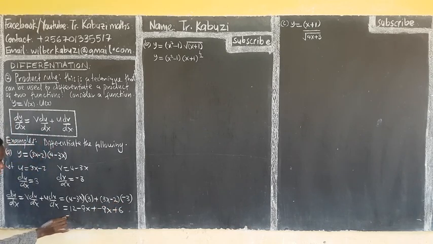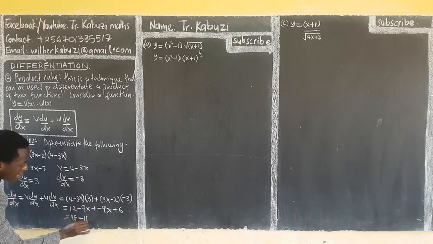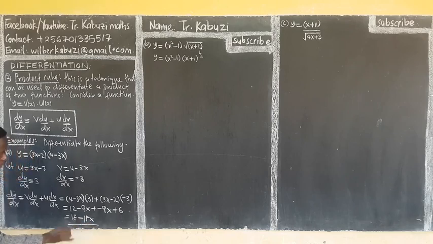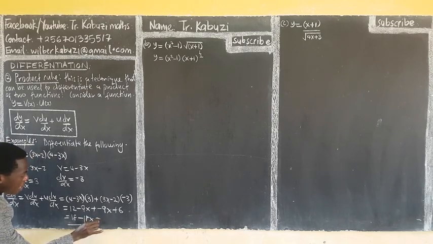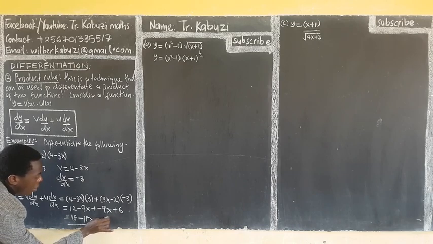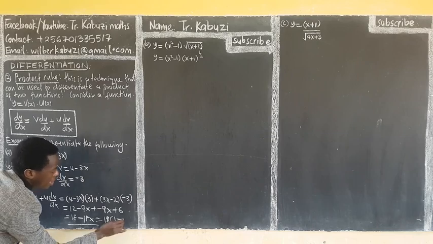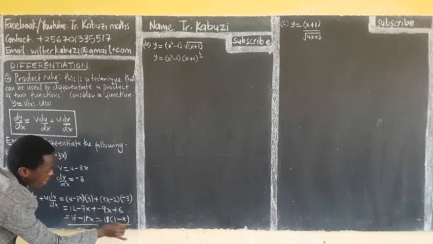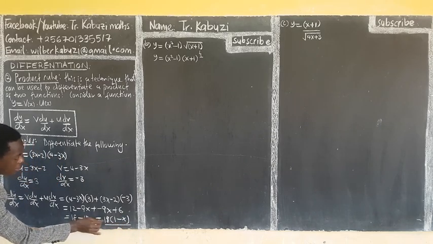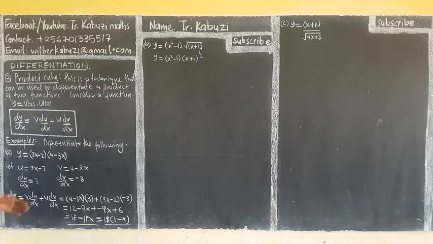So when you add, 12 plus 6, I get 18, then minus 9x minus 9x, I get negative 18x. And that will be our dy/dx, which you can easily factorize by taking out 18. When you factorize out 18, we get 1 minus x, as simple as that, because 18 is common. So that's how we apply it.